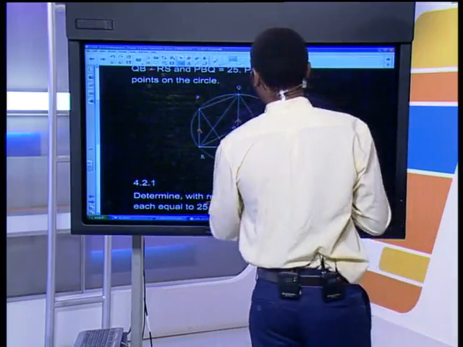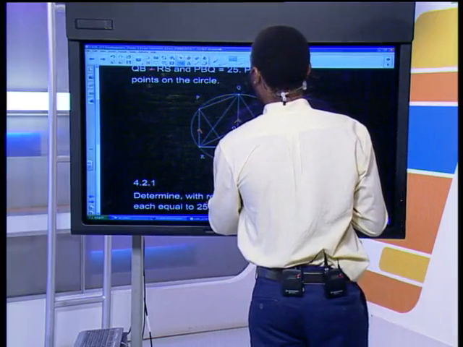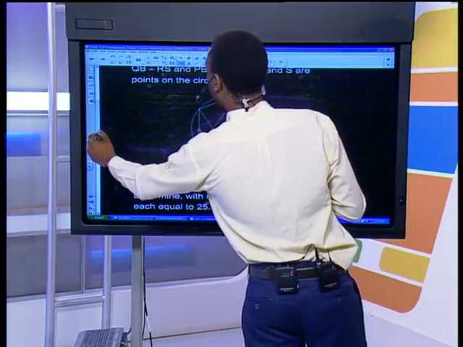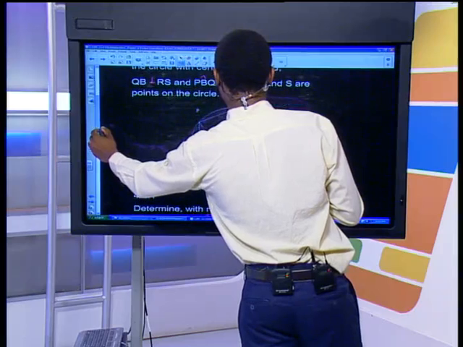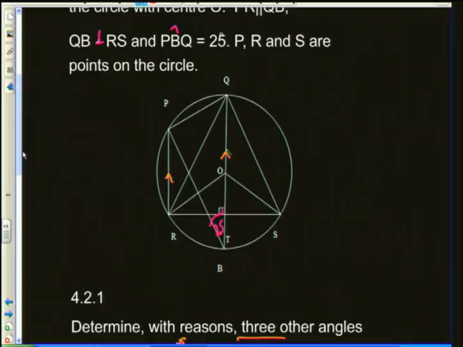So they tell us that angle PBQ is equal to 25 degrees. If those 2 lines are parallel to each other, it means that this angle here must then be equal to that one, and the reason would be alternate angles, wouldn't it? So that's our first angle.